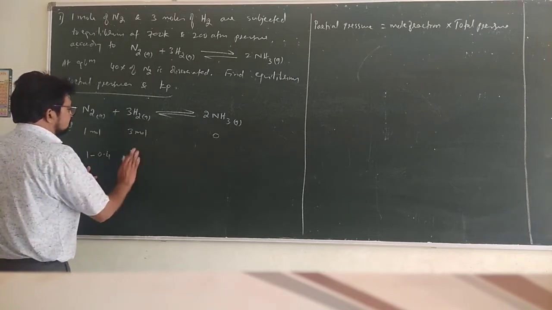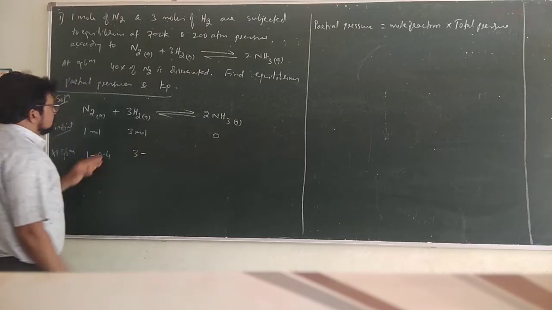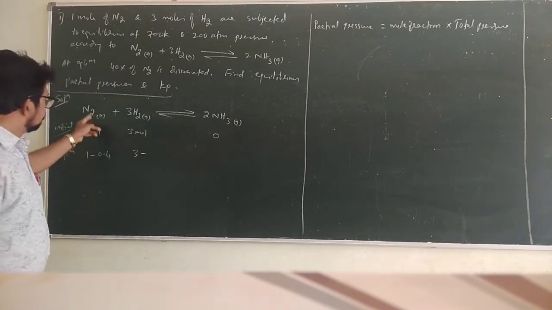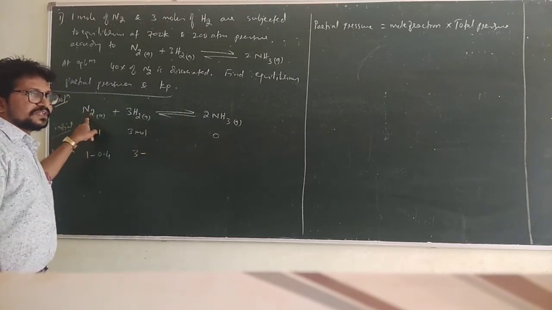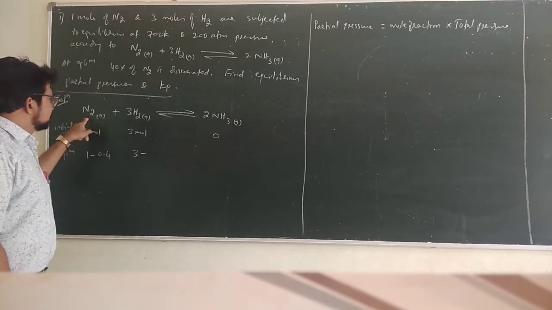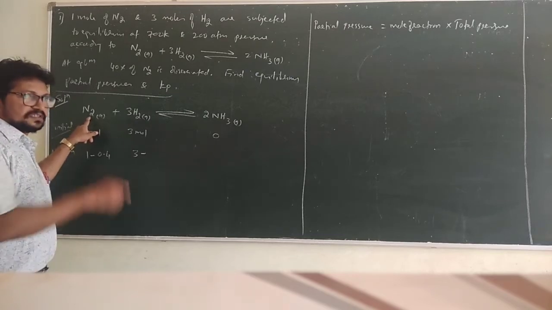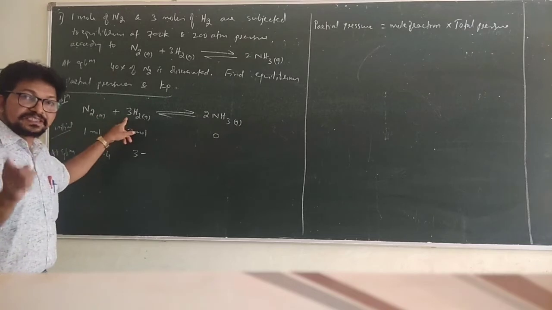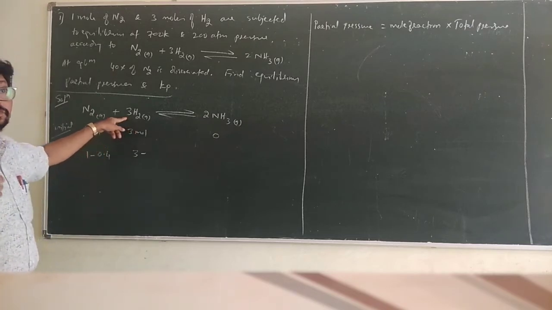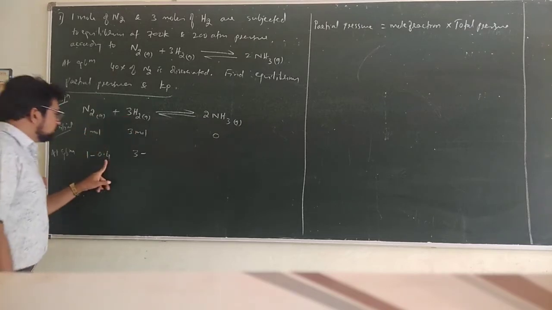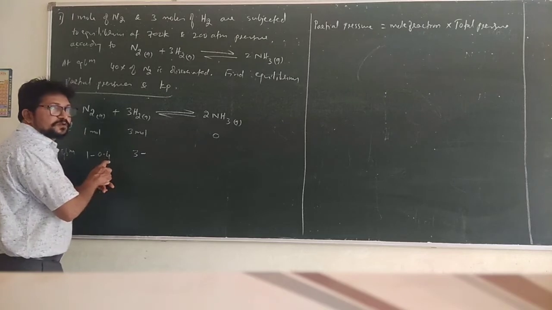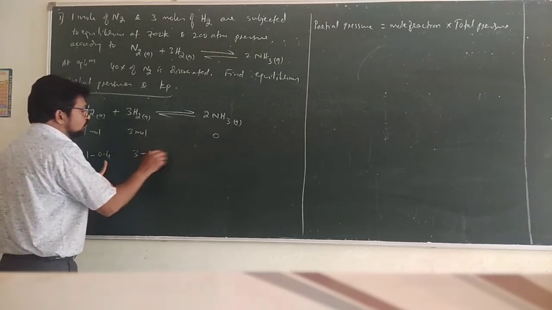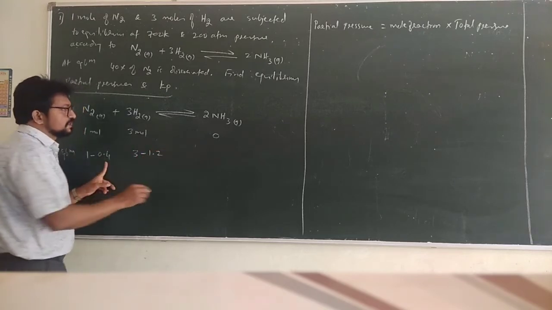So here you have taken 3 moles hydrogen. Look at the stoichiometry. When 1 mole of nitrogen is converted into products, 3 times hydrogen should go. Now if 0.4 moles, 3 times 0.4 mole, 1.2 mole has to disappear.